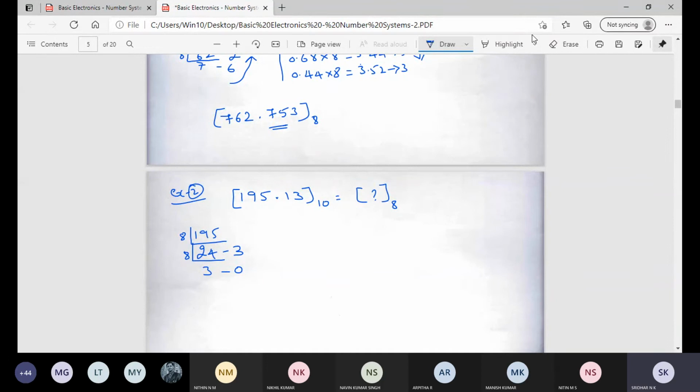Again, take the fraction part, that is 0.13 into 8. What is the product? 1.04. Take down the integer, and the fraction is moved to the next iteration.